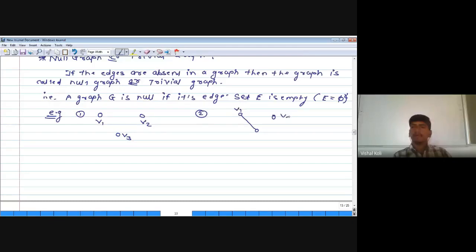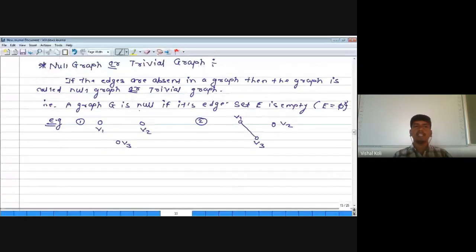Now we have to see which graph is a null graph. According to the definition of null graph, any graph is said to be a null graph if its edge set is empty and it contains any number of vertices.